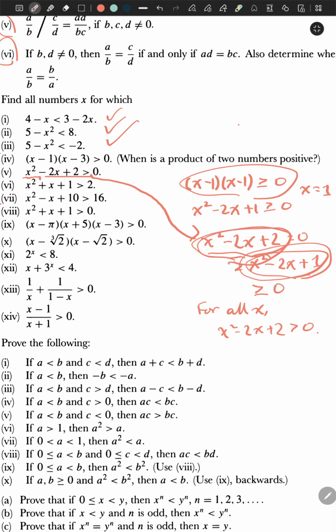So we need to prove. Actually, yeah, it is pretty intuitive. The product of these two numbers is 0. So that means the minimum value of these is 0. Yeah.